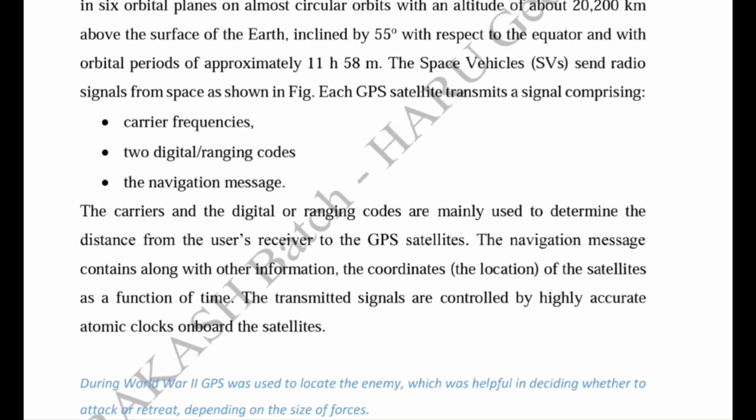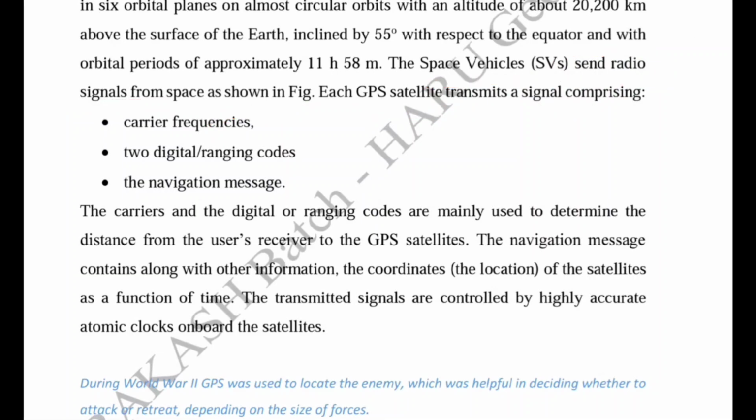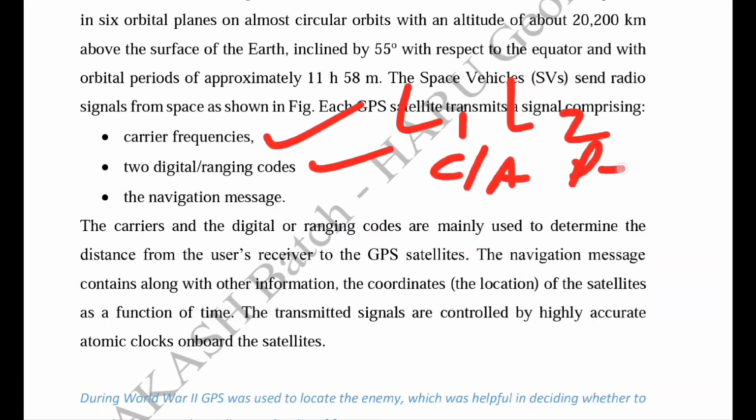Now the space vehicles send radio signals from space, and each GPS satellite transmits a signal which consists of carrier frequencies, two types, L1 and L2, two digital ranging codes, C/A and P code, and one navigational message.